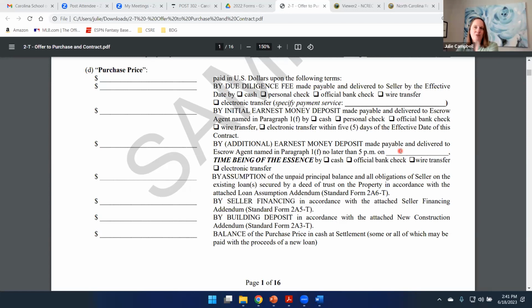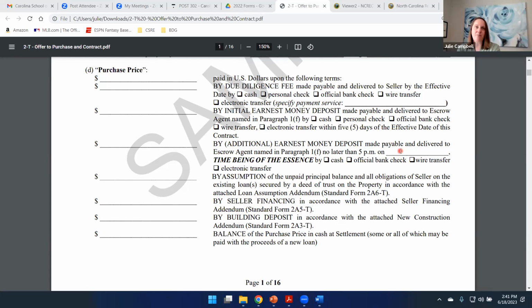So let's review real quick what happens to that earnest money. If we're still in due diligence and the buyer terminates in due diligence, who gets the earnest money? Still in due diligence. Buyer. The buyer will get that back, right? The buyer's only going to lose the earnest money if they terminate after due diligence.